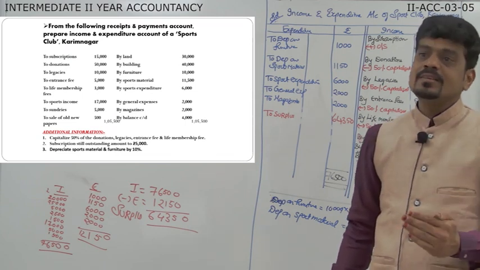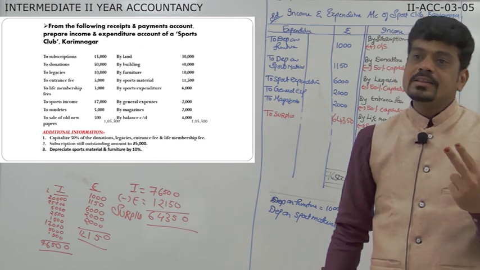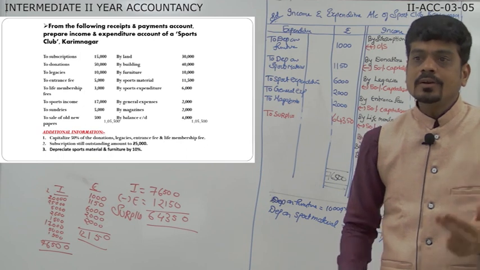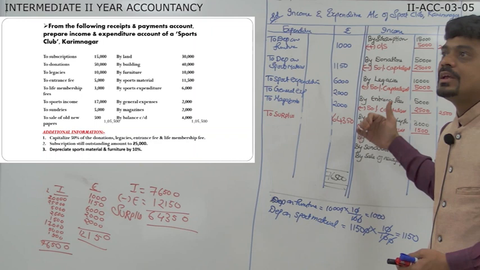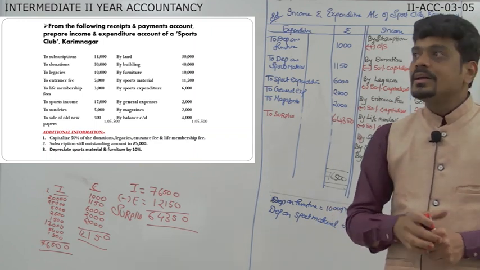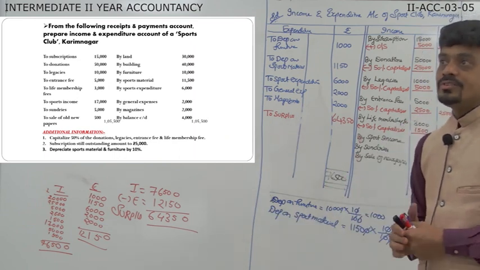Wherever adjustments are there, I have shown you two methods of giving adjustments. Either you give the adjustments parallelly, simultaneously, or you can keep the adjust item in the inner column and afterwards you can give the adjustment. That all depends on your feasibility. Like that we have seen the two questions.